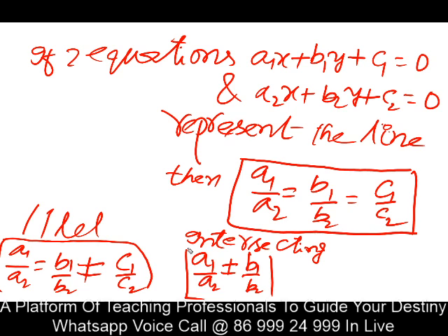Just remember this, you know this in your lower classes itself. If they represent the same line, A1 by A2 is equal to B1 by B2 is equal to C1 by C2. If they are parallel, A1 by A2 is equal to B1 by B2 not equal to C1 by C2. If they are intersecting, A1 by A2 not equal to B1 by B2. Okay.